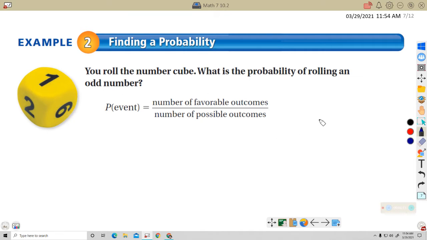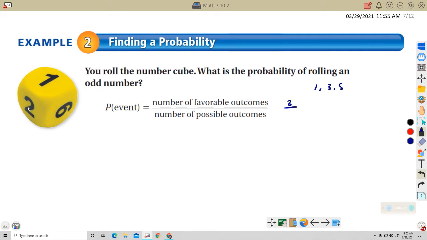Okay, well, on a number cube, how many odd numbers are there? What are the favorable outcomes? Well, we have 1, 3, and 5. So I have 3. This is the number of favorable outcomes.